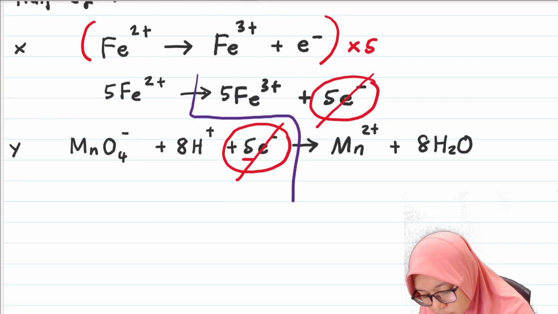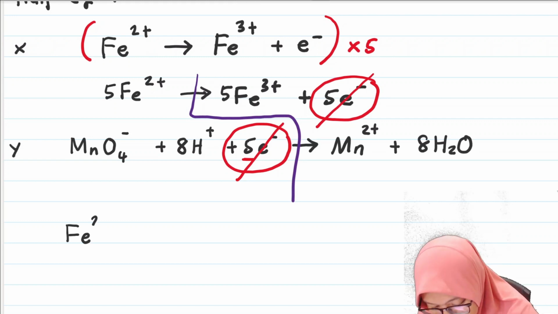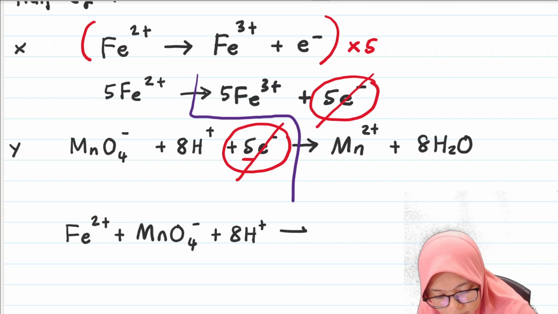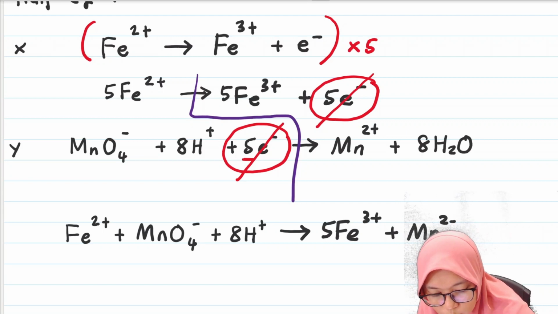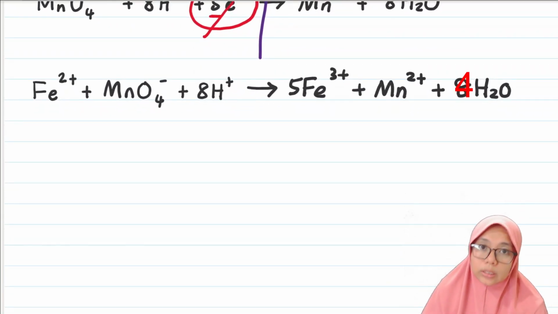So we just copy again: 5 Fe2 plus, MnO4 minus plus 8H plus produce 5 Fe3 plus, Mn2 plus, 4H2O. So this is what we call the ionic equation for this reaction.